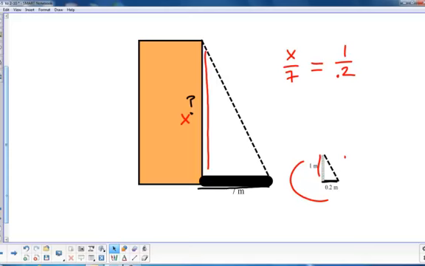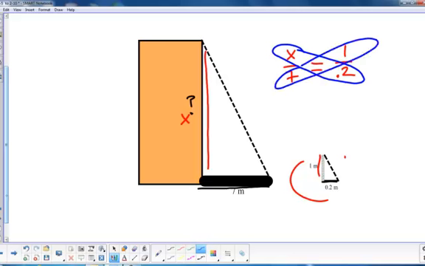So you could multiply like this if you want, the cross multiplying. You could also get rid of the decimal by multiplying the top and bottom by 5, whichever you think is easier.